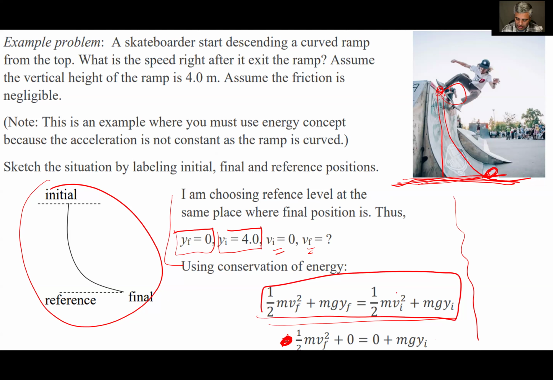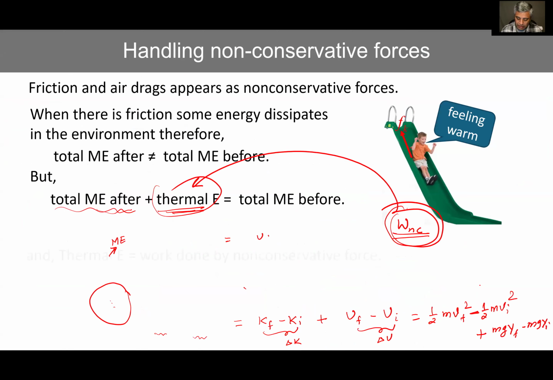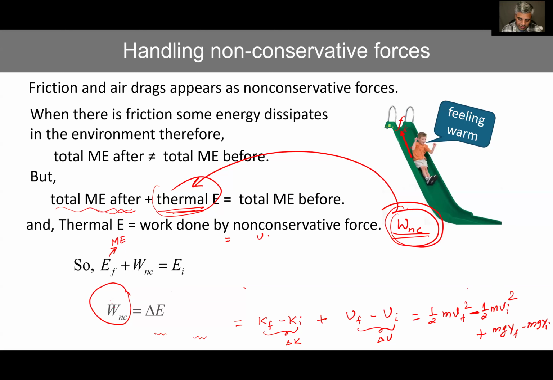Now it's just rearranged. So final minus initial when you bring this to this side, and this being initial. Before, that would have been 0 when there is no friction force, but now there is friction force, which means we have that work done by the non-conservative force. Okay, only that's the difference.